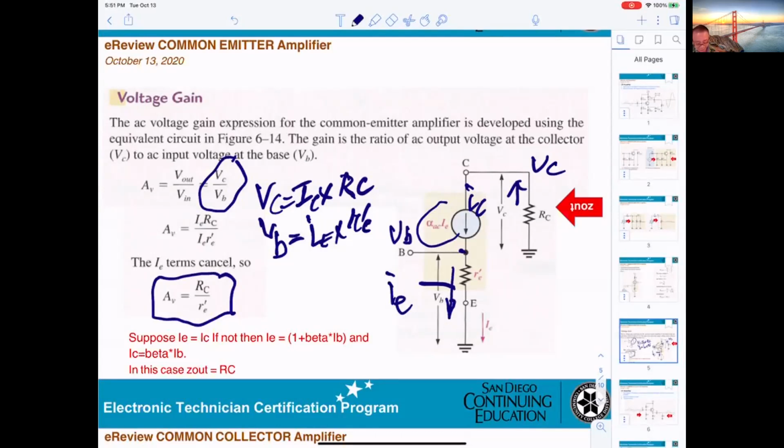So if you want to calculate the gain, you take the VC divided by R prime E.